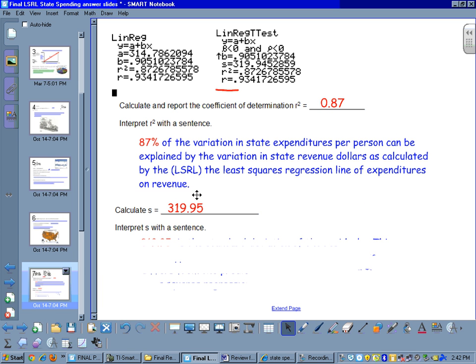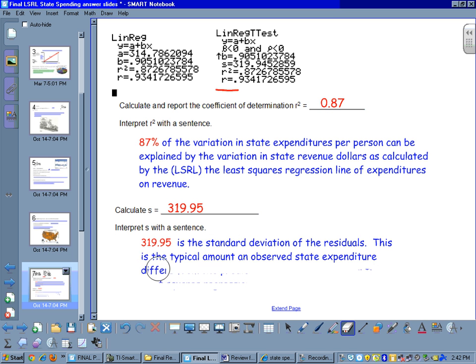The S value is $319.95. It is the standard deviation of the residuals. This is the typical amount the observed state expenditure differs from the predicted state expenditure, and that is on the least squares regression line.